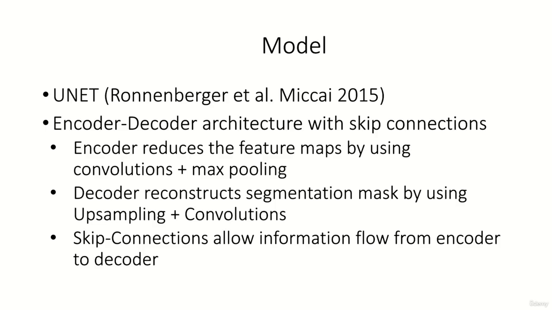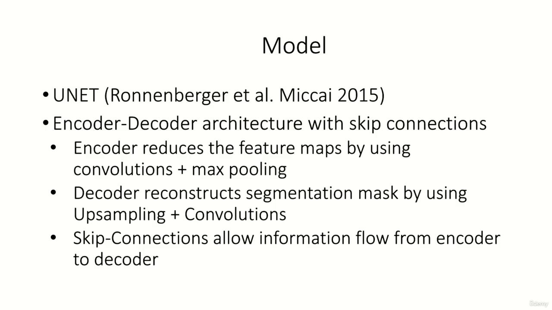In contrast, the decoder has to reconstruct the segmentation mask based on the original image and the features by using upsampling layers and also normal convolutions. Last but not least, the use of skip connections allows an information flow directly from the encoder to the decoder. This drastically reduces the problem of vanishing gradients.